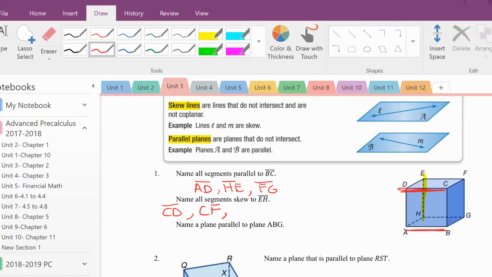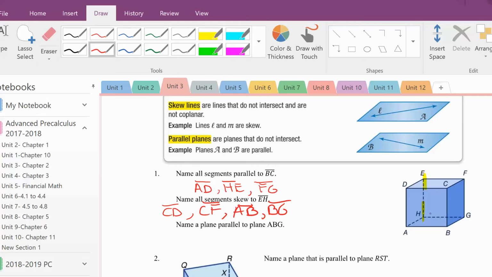AB would also be skew because it doesn't intersect EH, but it looks like it would if they were in the same plane. Also, BG here, BG is skew because it does not intersect and it's not in the same plane.